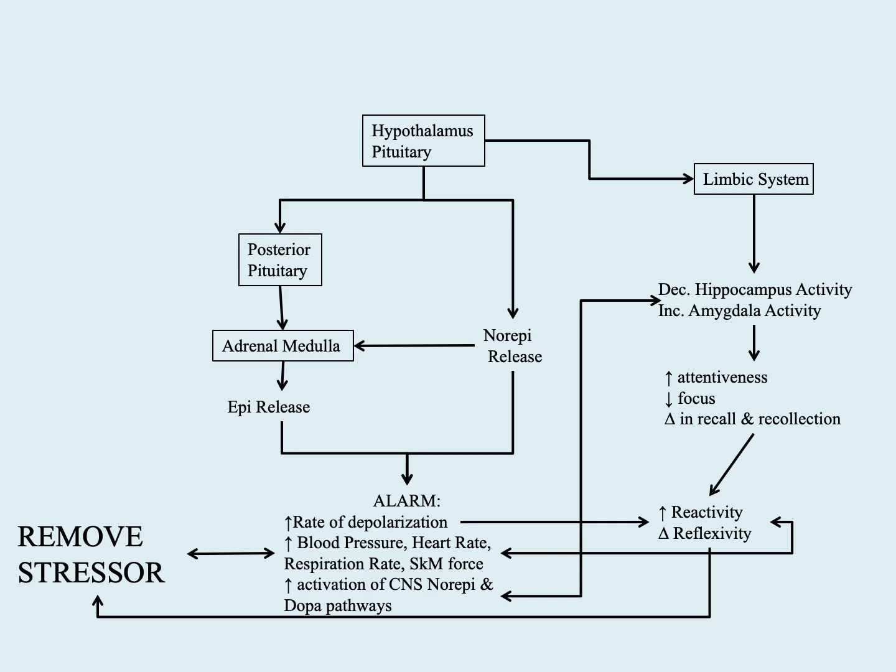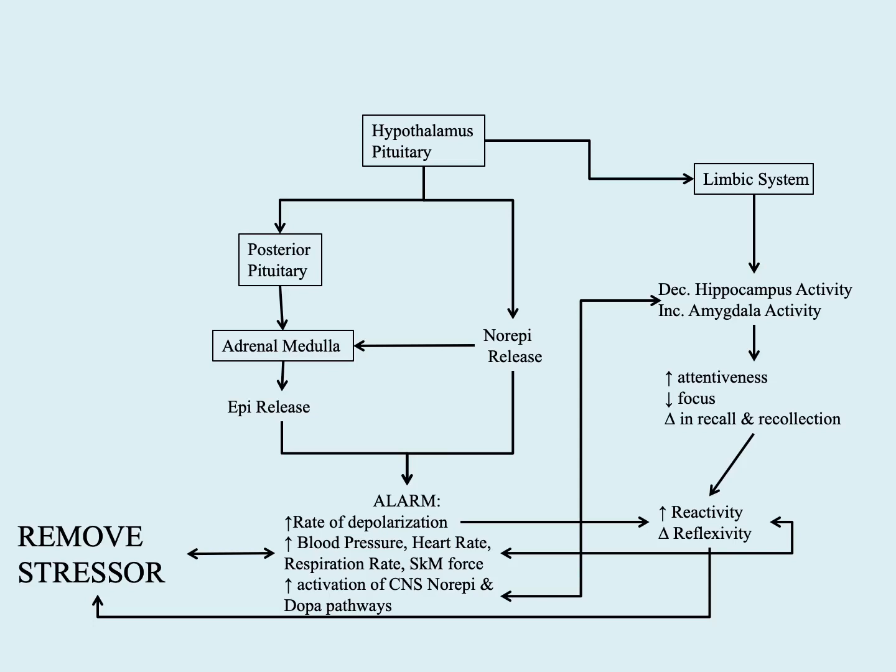This leads to a change of recall and recollection. That is, I don't know exactly what I'm supposed to be doing as I'm supposed to be doing it, which leads to even more reactivity, which leads to even more reflexivity. We see this over-responsiveness.